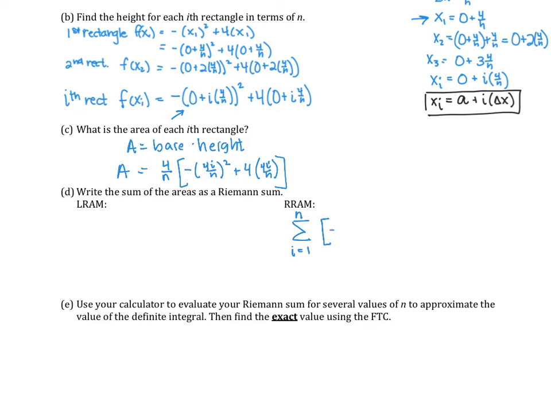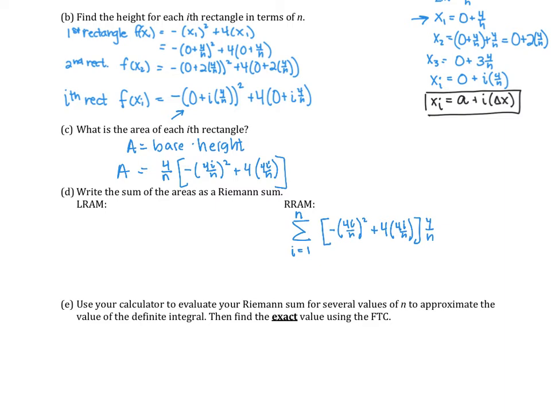Now, often we see it written with the height first, just in this summation notation. It's not wrong to write it the other way, just so you know, you just will often see it this way. And this is the height.